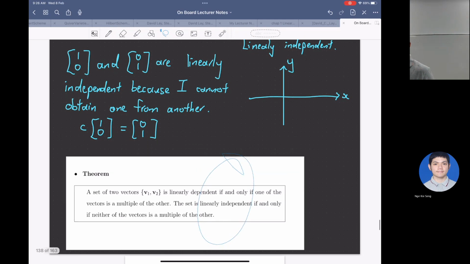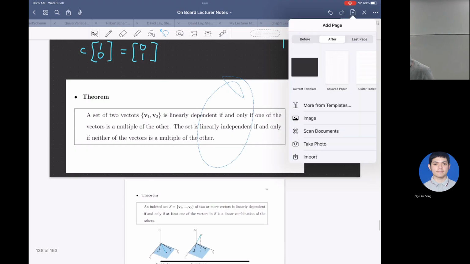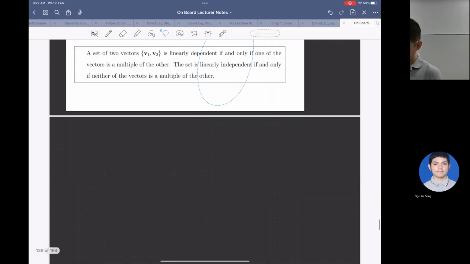So let's say another observation here. Let me say another condition. The key is here.